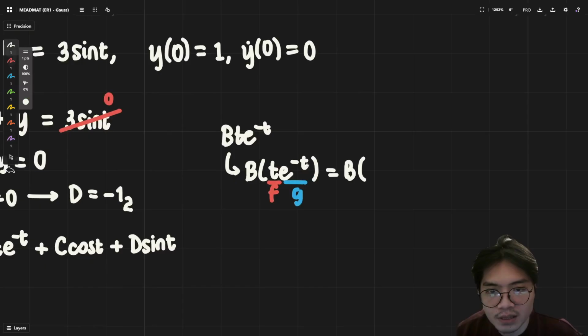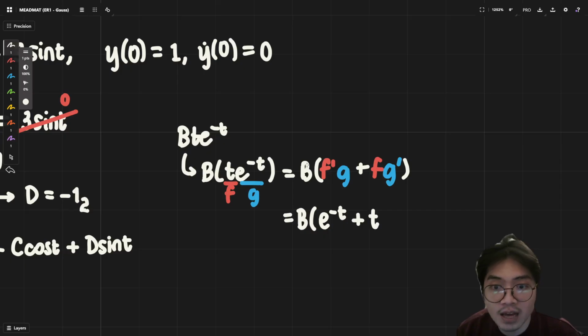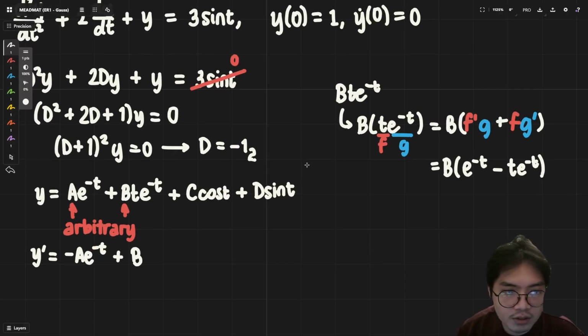This will be b times (f prime g plus f g prime). f prime in this case is going to be just 1 times your g, which is e raised to -t, plus your f times your g prime, which is -e raised to -t. There you go. That is your derivative: b e raised to -t minus t e raised to -t.